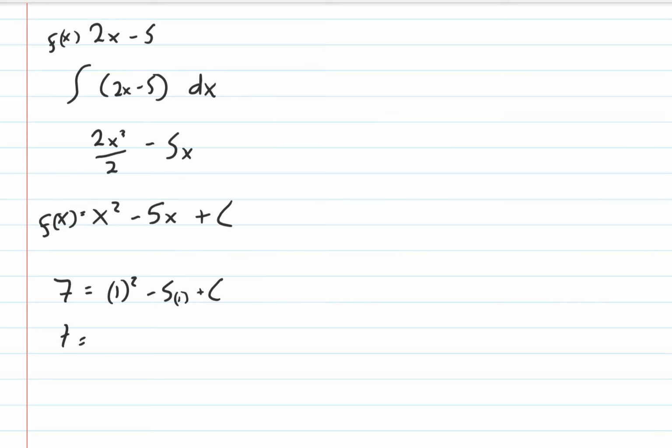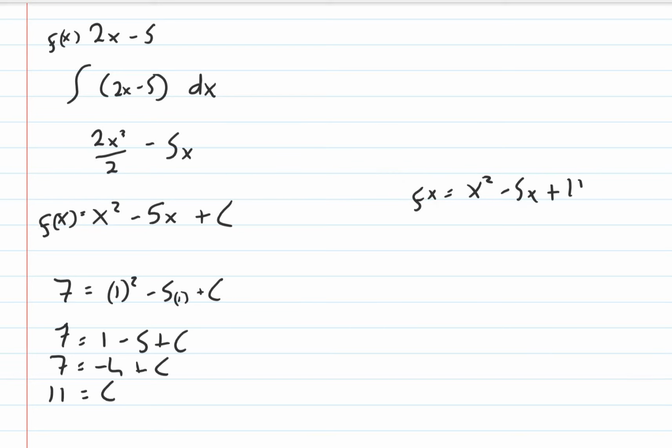So 7 equals 1 minus 5 plus c. 7 equals minus 4 plus c. c equals 11. So f(x) then equals x squared minus 5x plus 11. Yeah, and there we go.